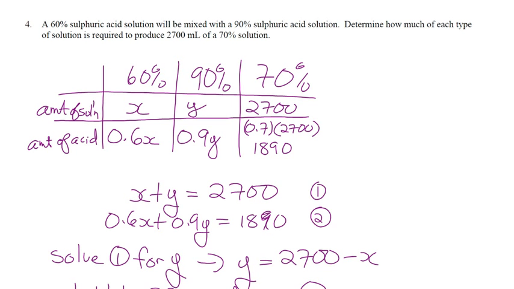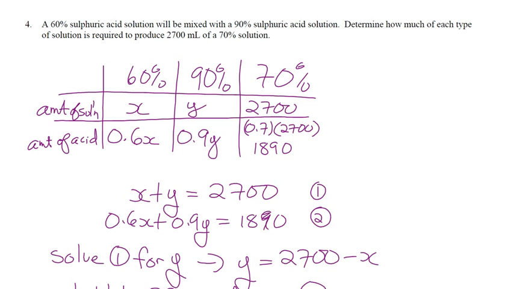And what's 90% of 900? 810, right? What's 540 and 810? 1350. Okay, what's 70% of 2700? 1890. Okay, wait a sec.